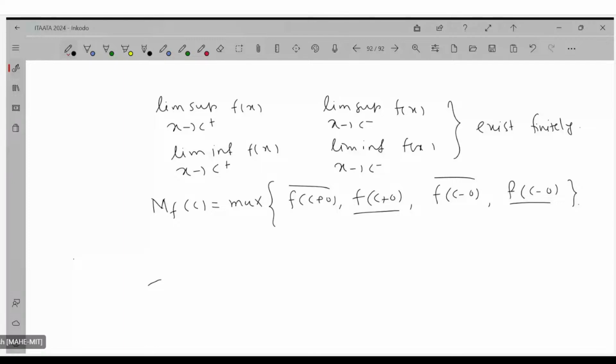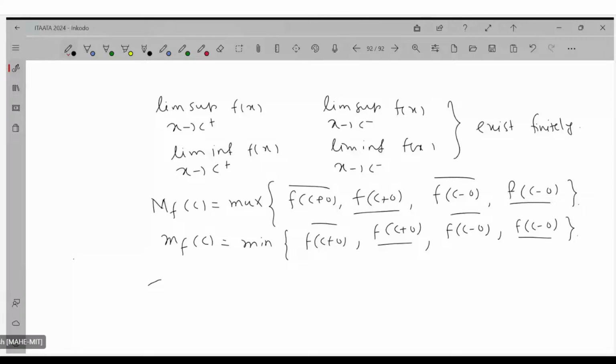And then we have small m f of c, which is the minimum of the same numbers. Then we will calculate a new number, which is capital M f of c minus small m f of c.